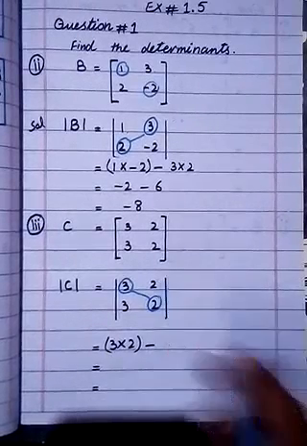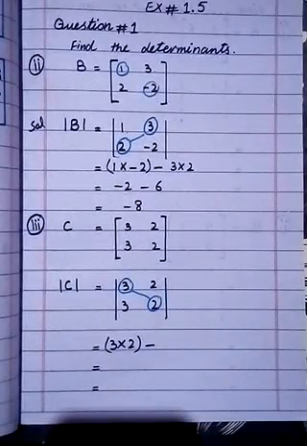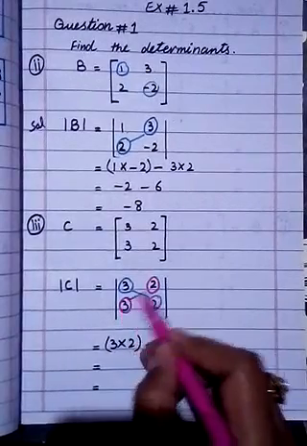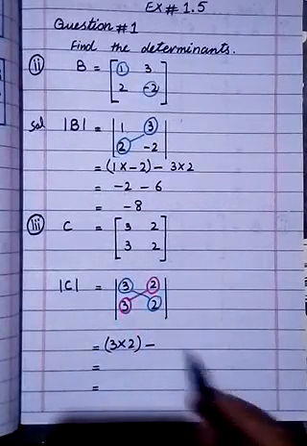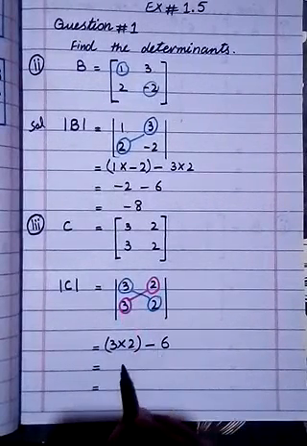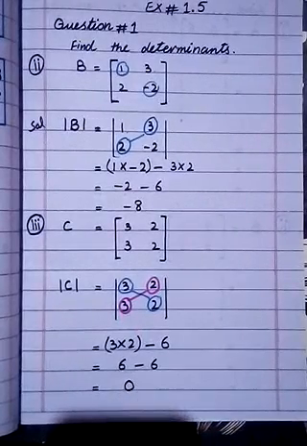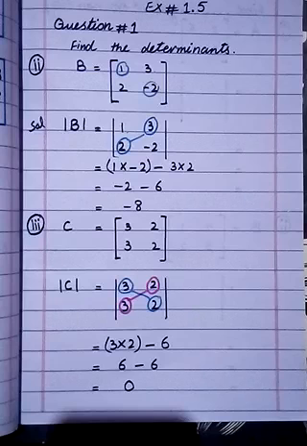Now, second entry multiplied by third entry: 2 times 3 is 6. Now, 6 minus 6 equals 0. Its determinant equals 0.